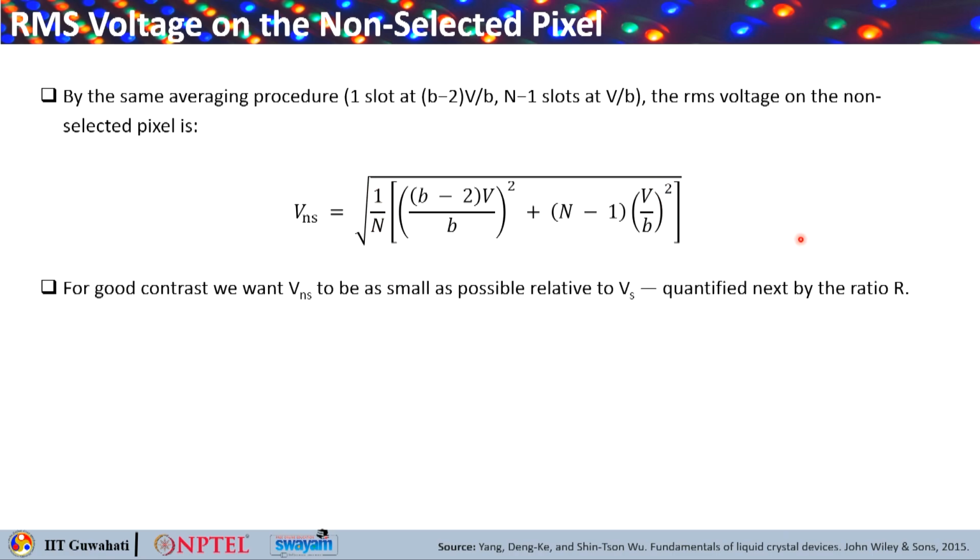What you see is that to get a good contrast, you want VNS to be as small as possible compared to VS, and this gives you the contrast ratio. This can be quantified next by a ratio R, that we will see later on.